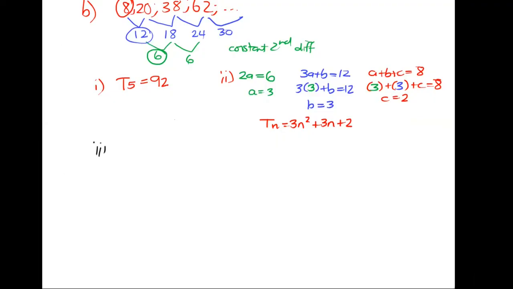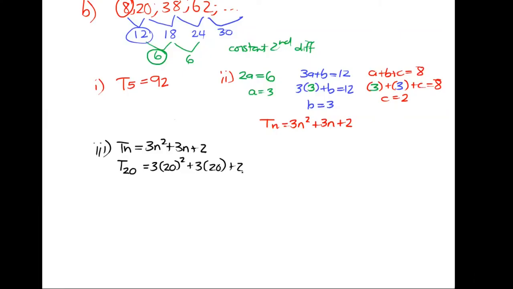All right, so let's see. The last question from this paper said, calculate the 20th term. We've got Tn is 3n squared plus 3n plus 2. They want the 20th term, in other words, n is 20. So 3 times 20 squared plus 3 times 20 plus 2.